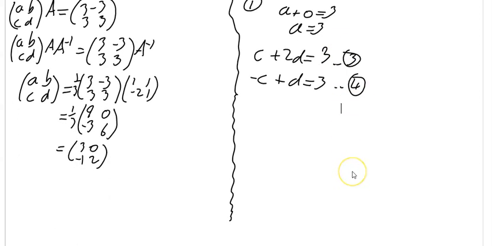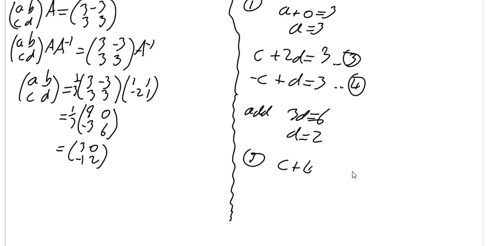So we'll solve these two equations. Again, we just add, and you're going to get 3D is equal to 6, therefore D is equal to 2. And then sub that into equation 3, you've got C plus 4 is equal to 3. So C is equal to 3 minus 4, C is equal to minus 1.